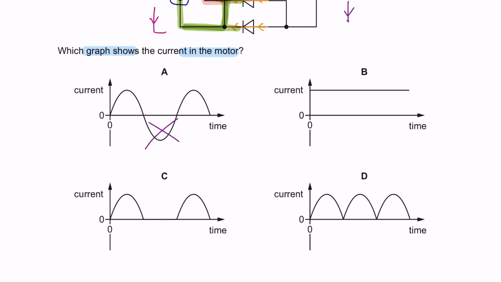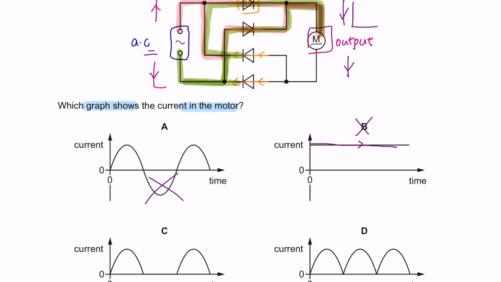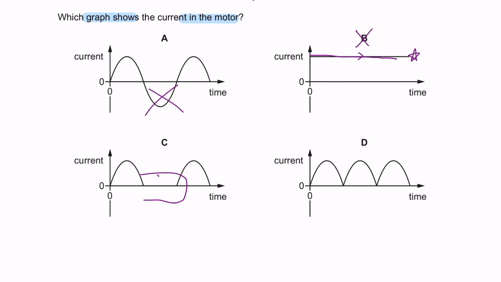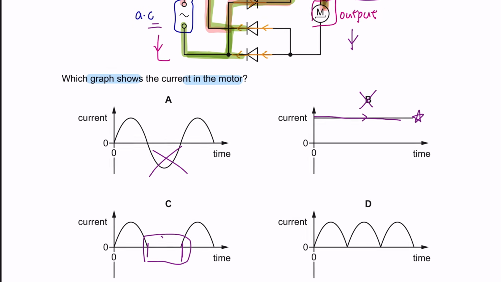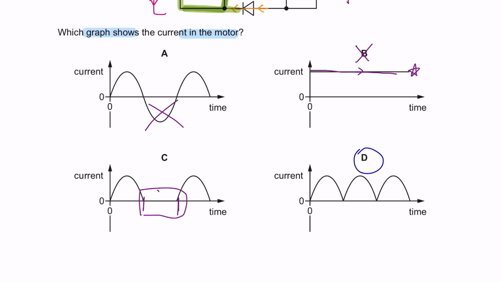So the answer cannot be A. B here shows that the current flow is smooth, and it cannot be B because this was an AC current, and for an output to be straight like this, you're going to need a rectifier. And for C, there is no current flow in this period of time, which is not true because we continuously had a flow of current. So the answer here should be D.